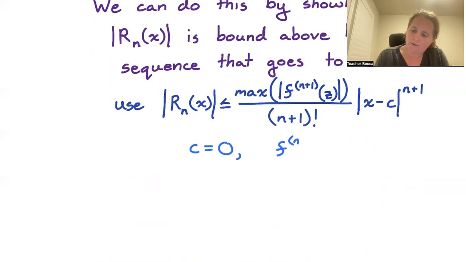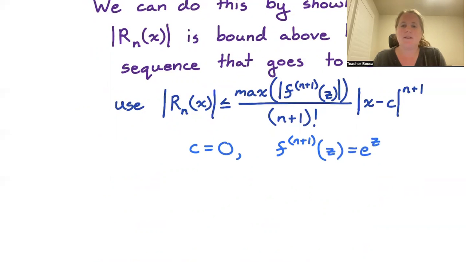The n plus first derivative of f evaluated at z is simply e to the z. So we can simplify this a little bit. So we have the absolute value of r sub n of x as less than or equal to the max of the absolute value of e to the z, which of course e to the z is already positive by default.